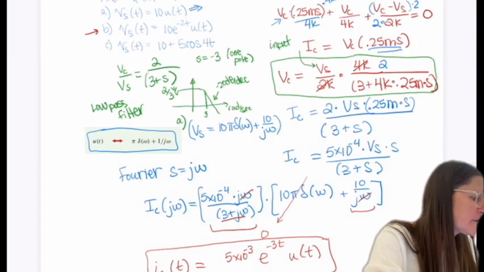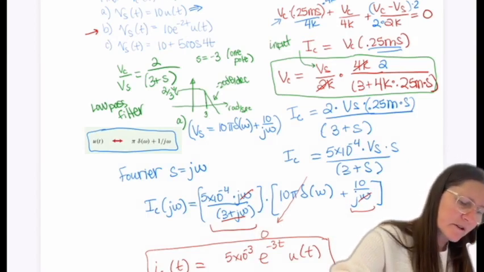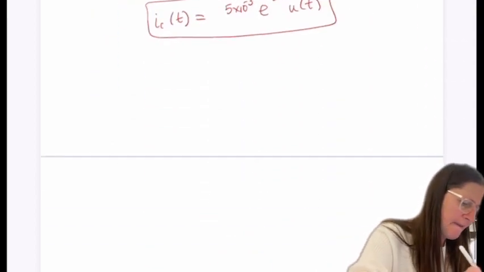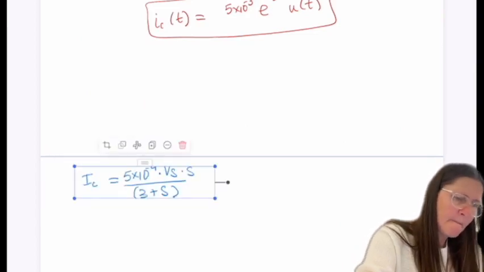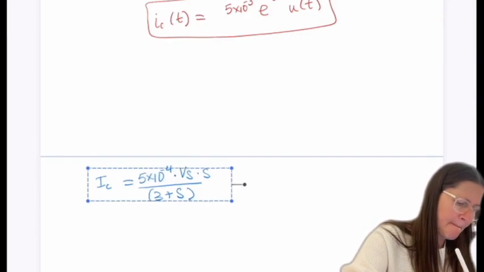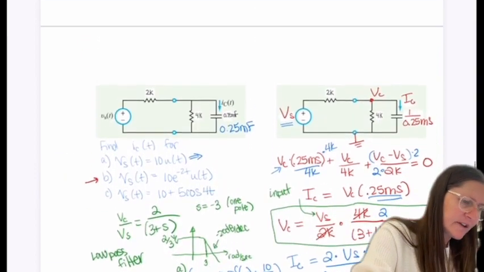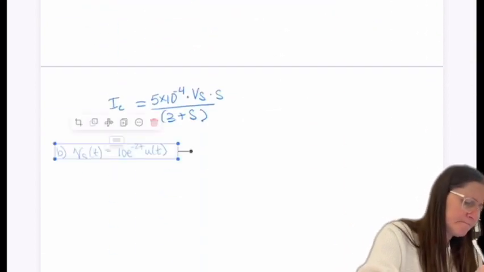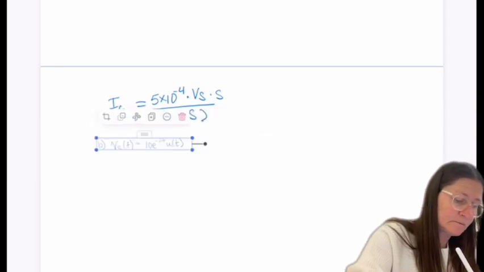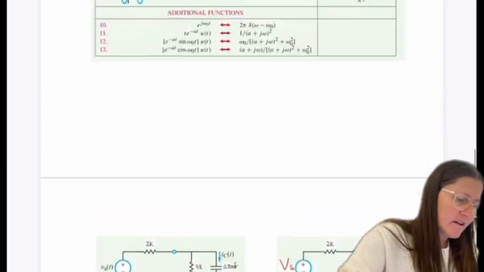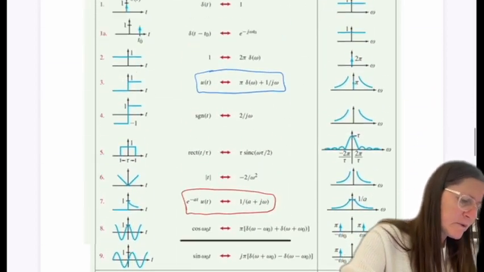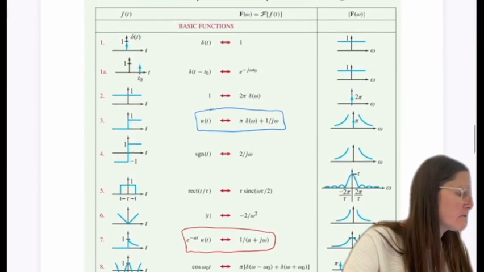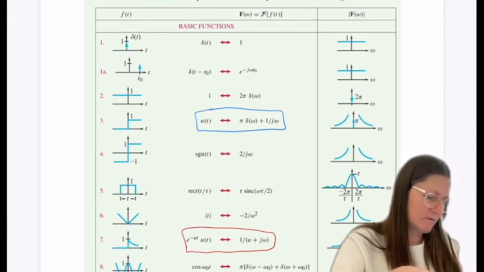Okay, so I'm going to copy a few of these down. Okay, so here's our IC equation. And then we're doing this VS. It's really big. All right, so the Fourier transform for that one. It doesn't have one.